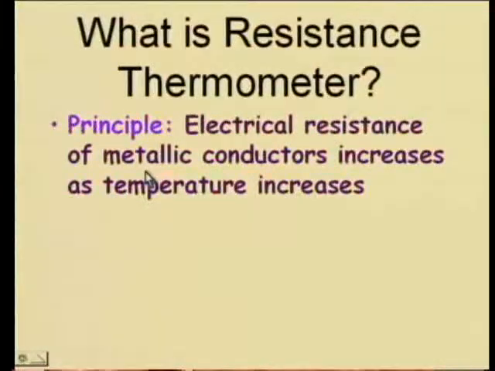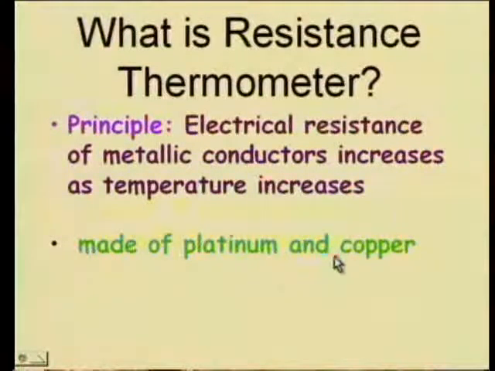So for these metallic conductors, when the temperature increases, resistance also increases. This is the principle. Based on this, we go for this resistance thermometer.